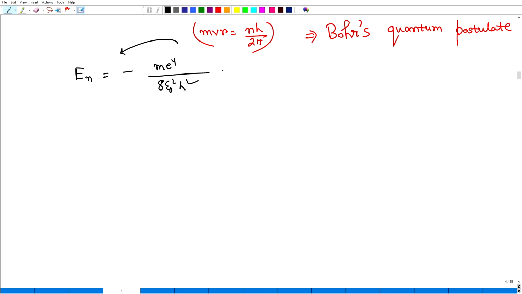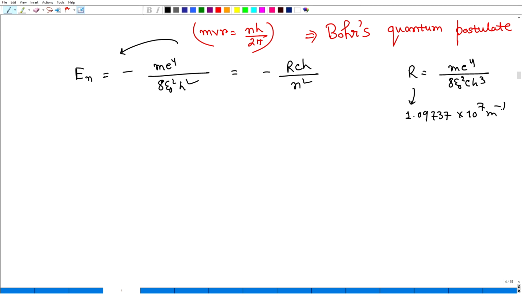So it is better to continue with those notations so that we can make a direct comparison. R is, and the value obtained is 1.09737 times 10 to the power 7 meter inverse.